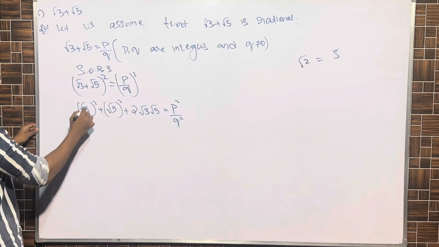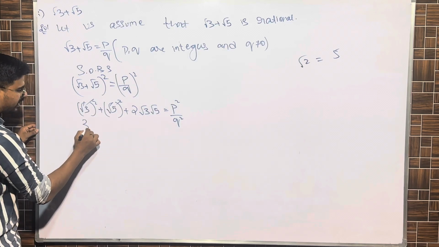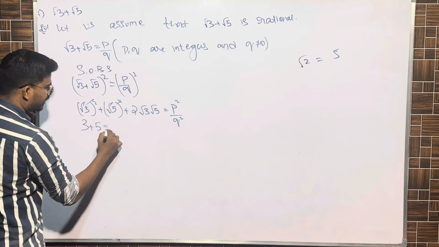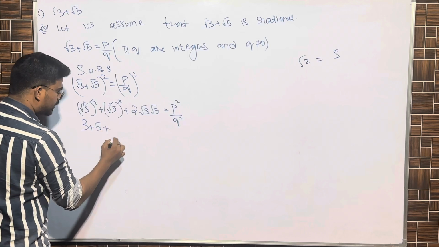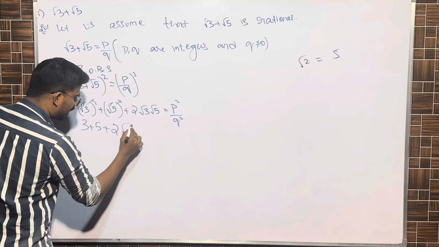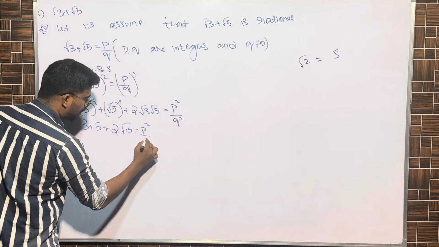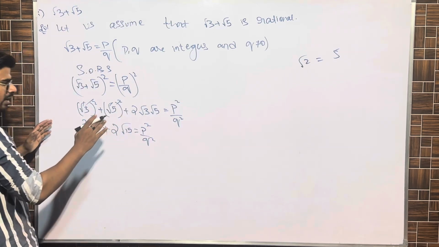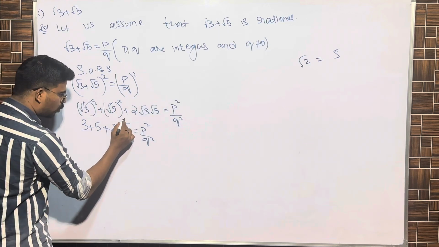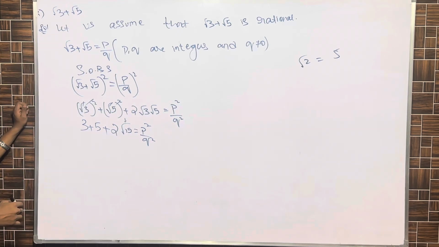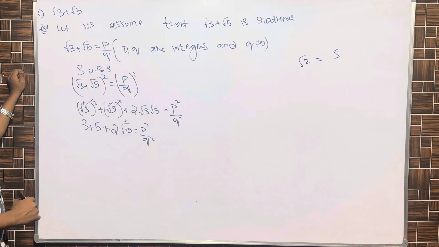The square root gets cancelled. 3 plus 5 plus 2 root 3 into root 5, which is root 15, is equal to p square by q square. Now all our focus at this point should be on root 15, because that number alone is the root number. Apart from that, all the other numbers are without root, which means they are rational, and root 15 alone is irrational. So now what did I say?